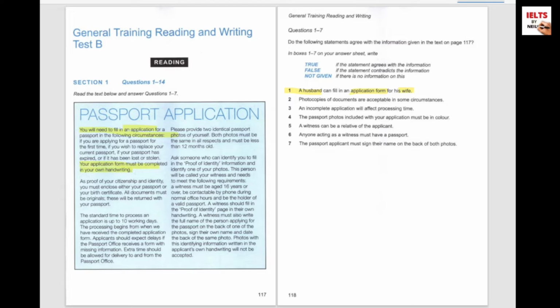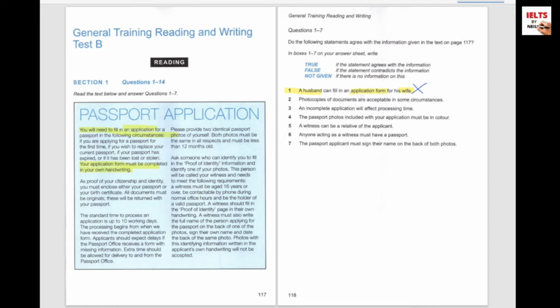So application form must be completed or must be filled, the same thing. Here the information is saying that your application form must be completed in your own handwriting, means you yourself have to fill the form. And the question is saying a husband can fill an application form for his wife. So this information is contradicting this statement, going against it. So that has to be a false. Alright, moving on to the next one.